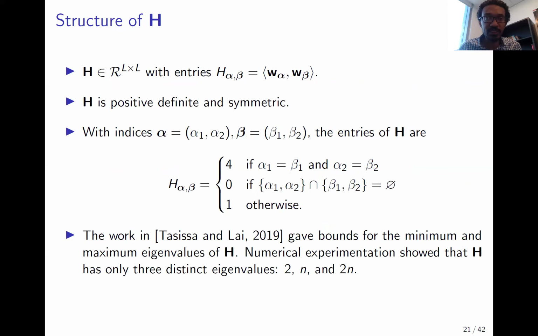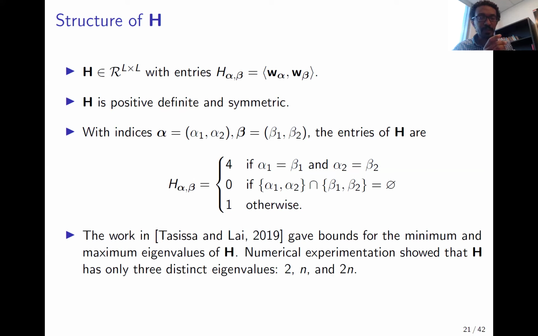Let's recall once again what H is. H is this matrix, of size L by L, and it's the inner product matrix. The alpha beta entry of H is the inner product between W alpha and W beta. It can be easily verified that H is a symmetric and positive definite matrix.